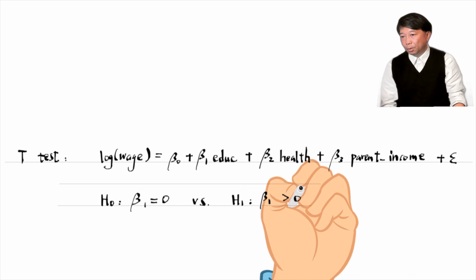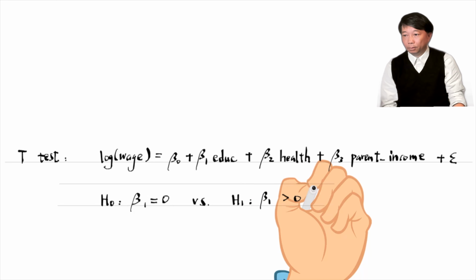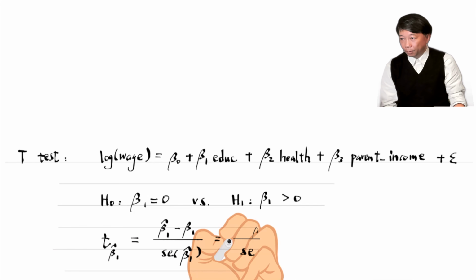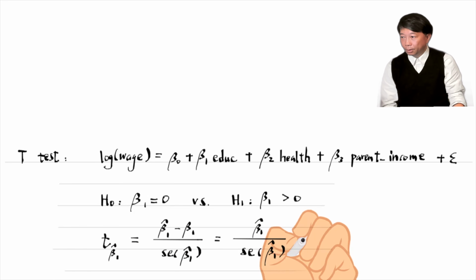Here, we test whether beta 1 equals 0. So the T-statistic formula becomes beta 1 hat divided by the standard error of beta 1 hat, where beta 1 hat is the OLS estimator for beta 1.